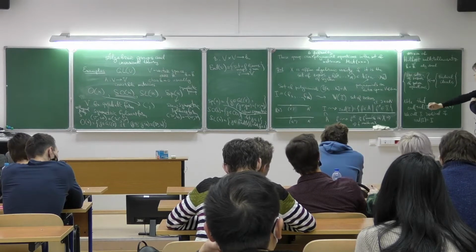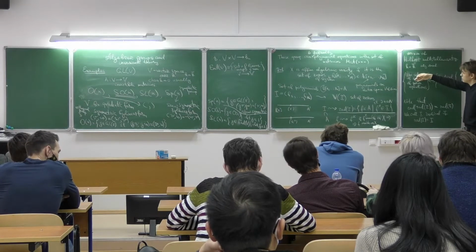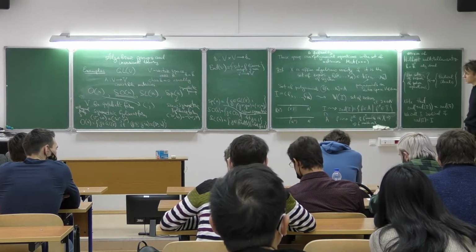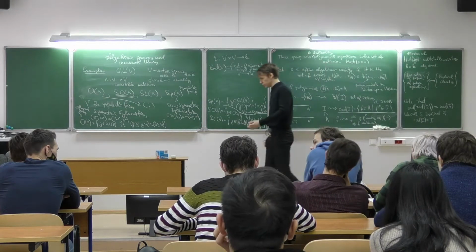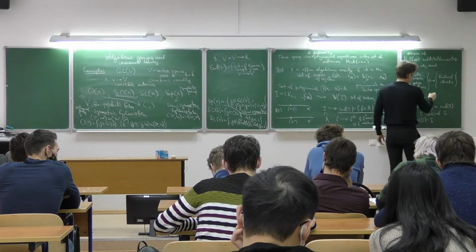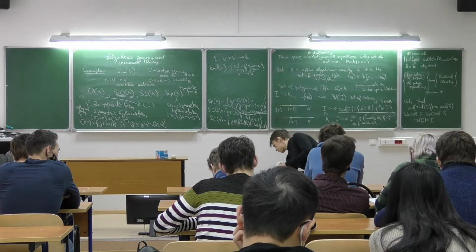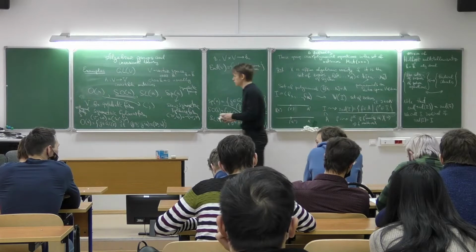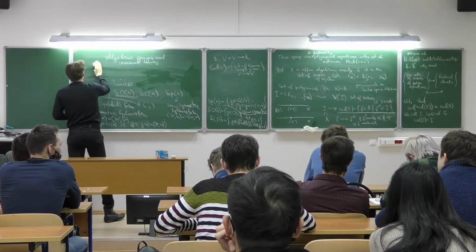Given a set of points, you can consider the set of polynomials that vanish on this set of points, and so you can go from one side of this picture to the other. Any questions here? No? We had a natural question about GLN.